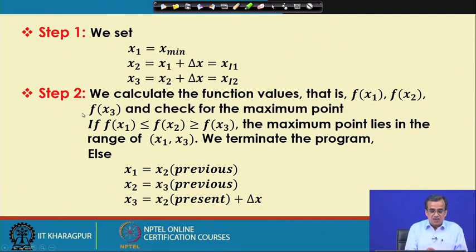Then we go for step 2, where we calculate the values of the function, like f(x1), f(x2), f(x3), and we compare. If f(x1) is found to be greater than or equal to f(x2) and f(x2) is found to be less than or equal to f(x3), then we say that the maximum point lies in the range of (x1, x3), and we terminate the program.